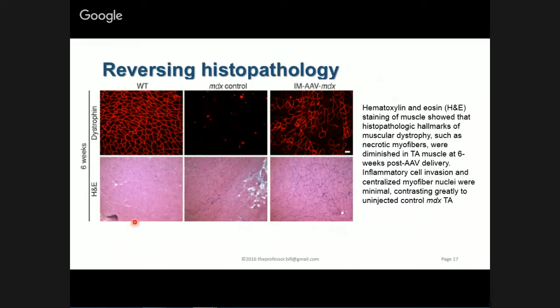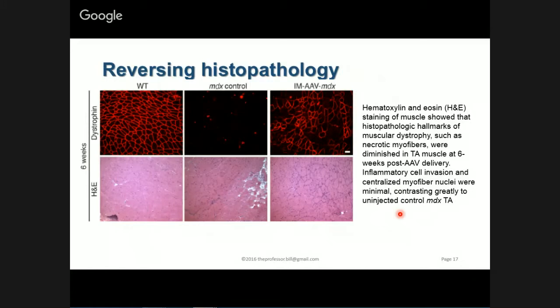So a couple of other things that we need to talk about. When you do H&E, you don't do this just to see what the structure of the myofibrils looks like. It's not a very good stain for myofibrils. However, in histology, these H&E stains are really good to look at inflammatory cell invasion. It's good to see where the myofiber nuclei are located.